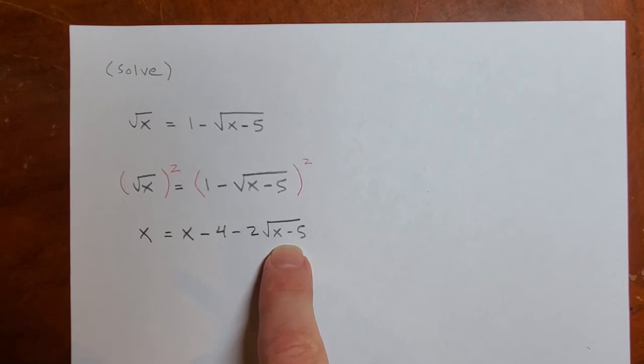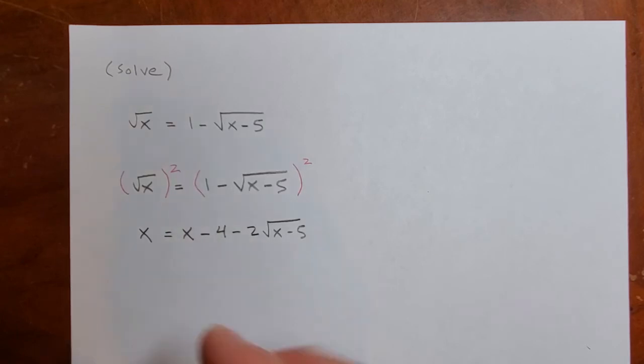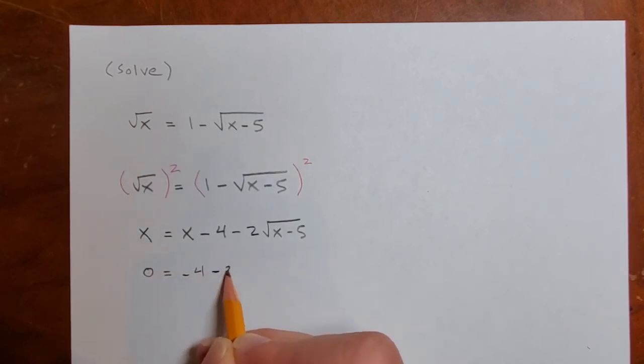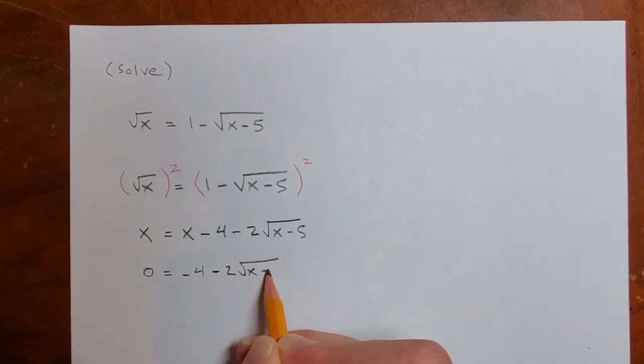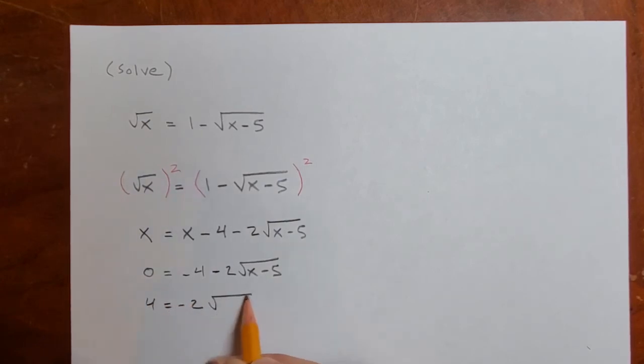It will work out. What if I subtract x from both sides? So I do minus x and minus x. Well, then that's gone. 0 here, negative 4 minus 2 root x minus 5 over here. What if I add 4 to both sides? Okay, 4 here, negative 2 root x minus 5 there.